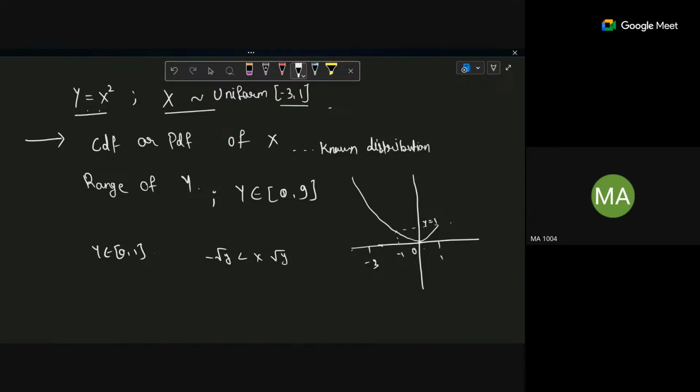That covers all the values of y between 0 and 1. After calculating the range of y and these limits, you do the required steps for the CDF calculation, and that's all about the CDF.